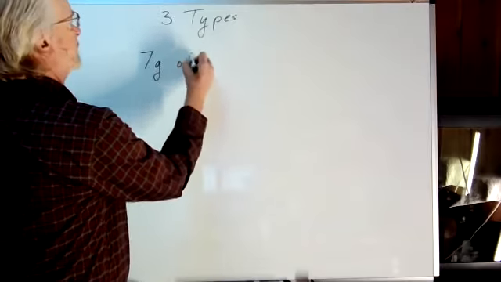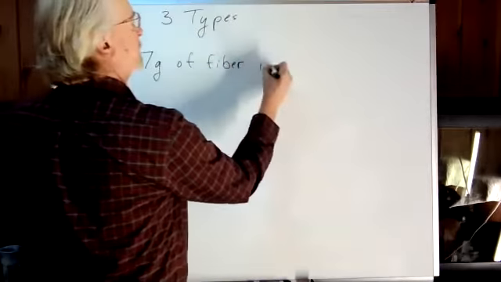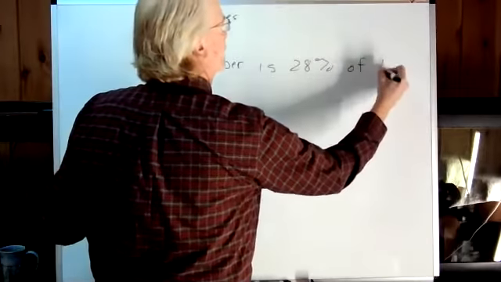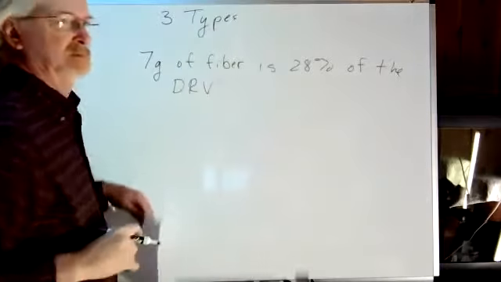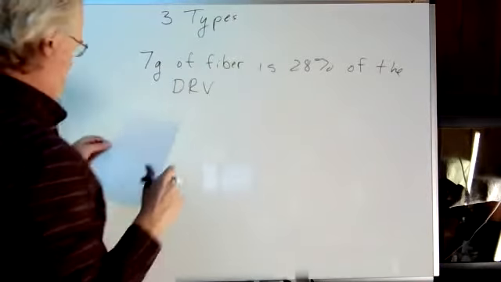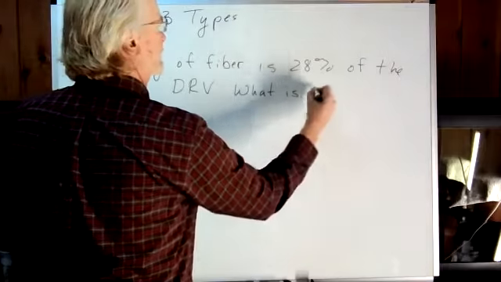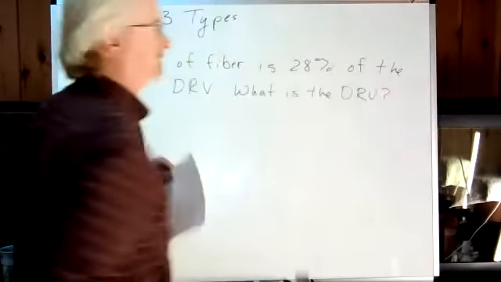All right, more. Seven grams of fiber is 28% of the daily recommended value. Can I write that DRV? What is the daily recommended value?